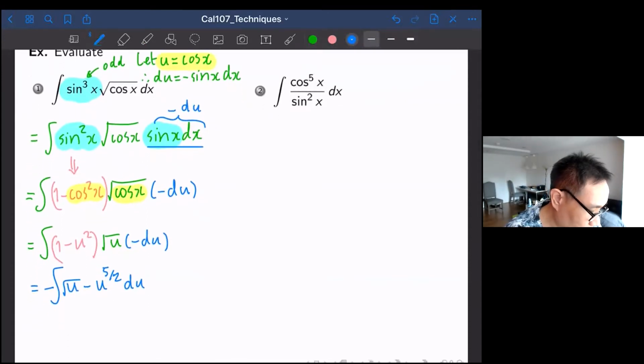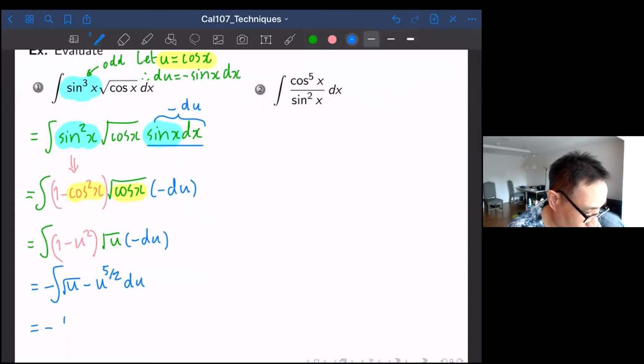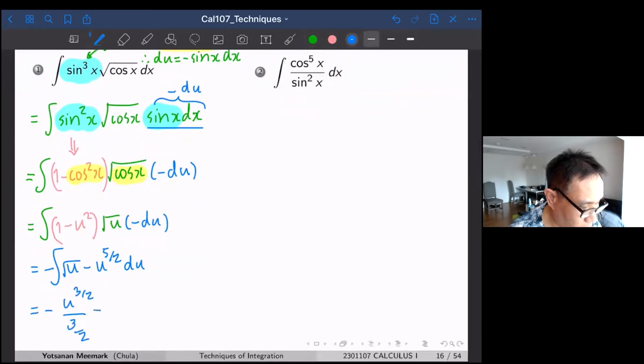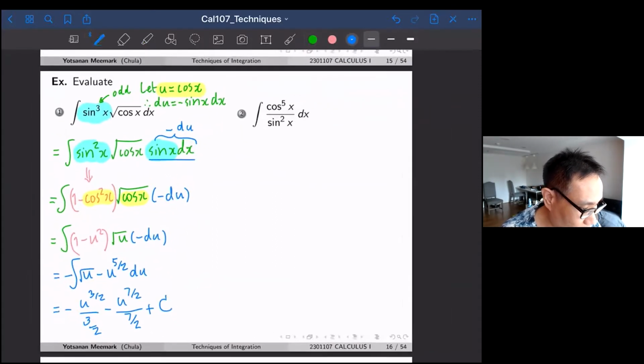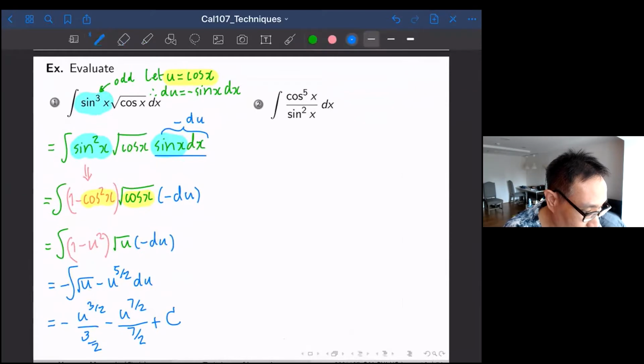You integrate square root u, so you get u to the 3/2 over 3/2, and you integrate u to the 5/2, so you get u to the 7/2 over 7/2, and you add plus C. This is how we obtain the integral of powers of sine and cosine, and you'll be able to obtain the final answer in terms of x by plugging u back. You have u equal to cos x in this case, so you plug u back.